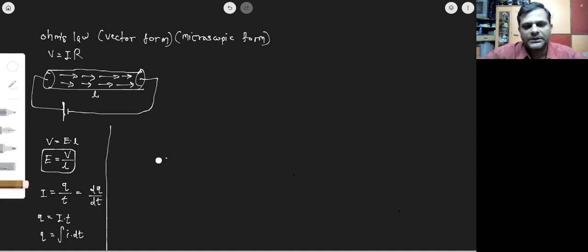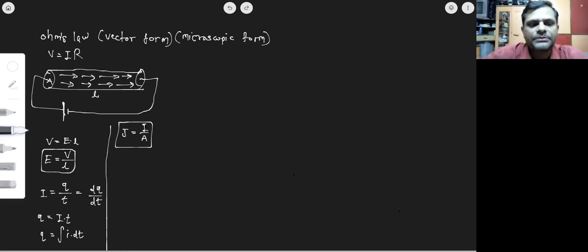Remember, what does current density mean? If there is a conductor and the cross section of the conductor is A, then the current density in the overall average, in a broad sense, is defined as the current upon area, or we can say the current passing through unit area is called the current density. Remember this quantity correctly, current density, which is nothing but the current passing per unit area.